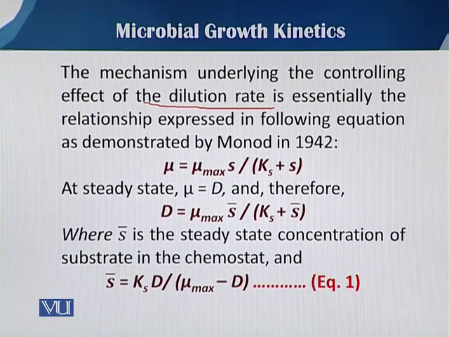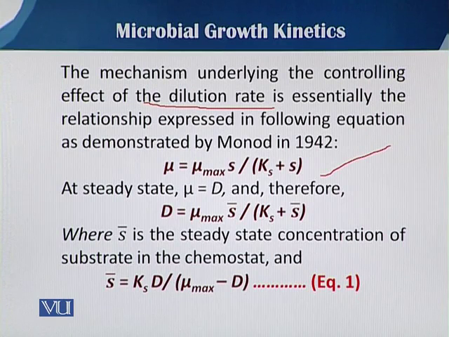We have seen in our previous kinetics modules that the Monod equation is mu equals mu max S over Ks plus S. So here mu max, the maximum specific growth rate, and Ks, which we call the substrate utilization constant, are known as the Monod parameters.